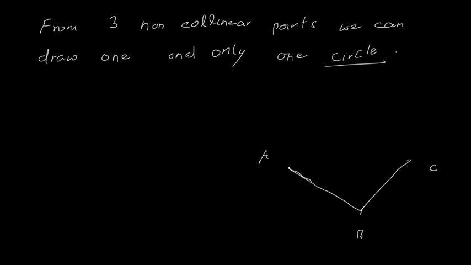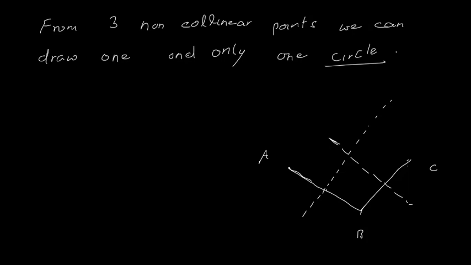The definition of a circle is that it is a group of points which are at a fixed distance from a fixed point. So I have to locate one fixed point from which the distances to points A, B and C are equal. For that I will draw a perpendicular bisector of AB, and the perpendicular bisector of BC, which will be something like this.